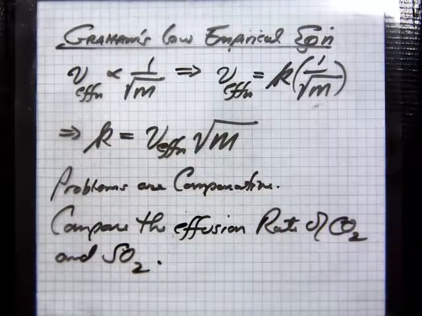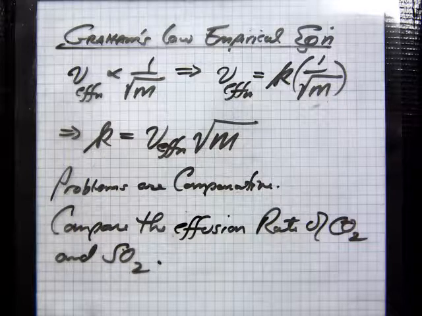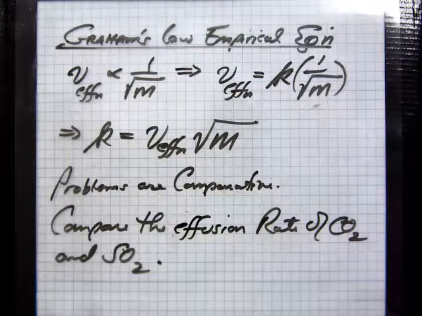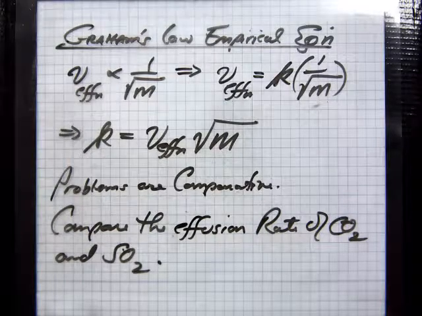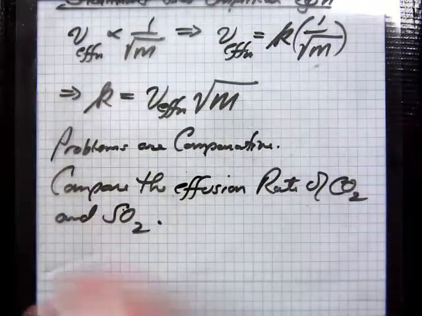Now it comes out as a factor. CO2 equals 2.3 times the diffusion rate of SO2 or something like that, because it's smaller particles. So it works like this. So we're going to compare the two.